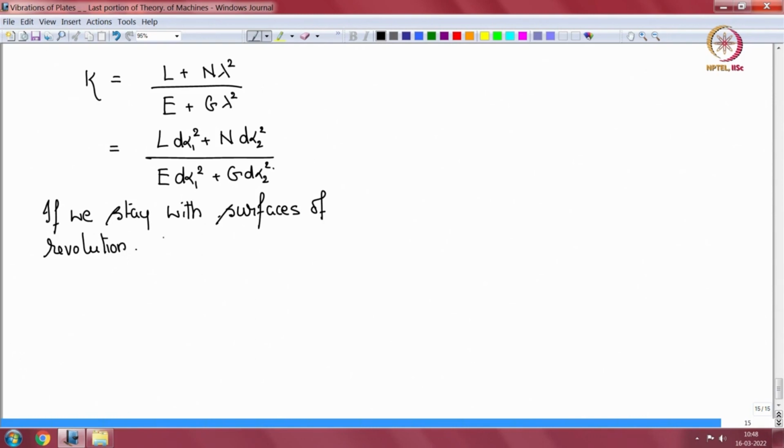In a surface of revolution there is a meridian, a curve that revolves around an axis.